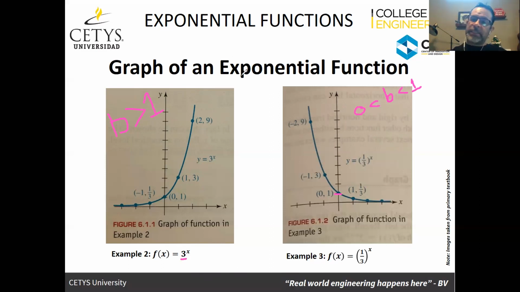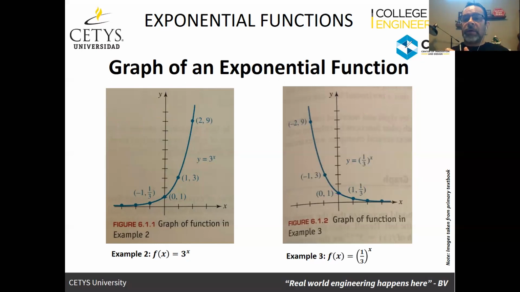That's why it's increasing. But if b were less than 1, between 0 and 1, like 1/3, then it's decreasing. That's a very important characteristic of the exponential function. If the base is larger than 1, it's going to be increasing. If the base is between 0 and 1, or a fraction, then it's going to be decreasing.